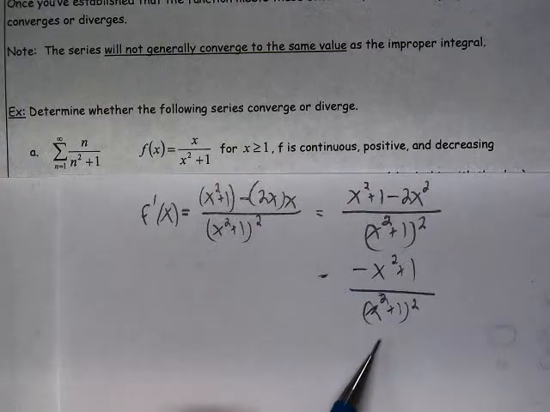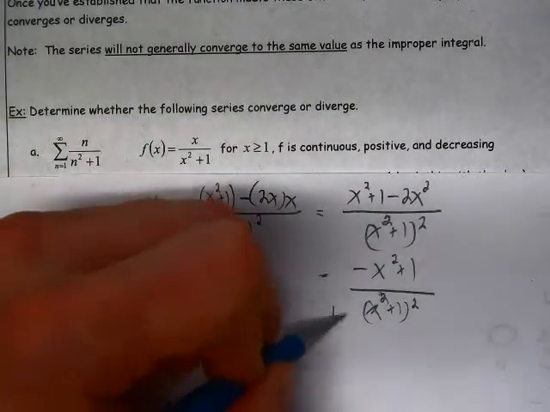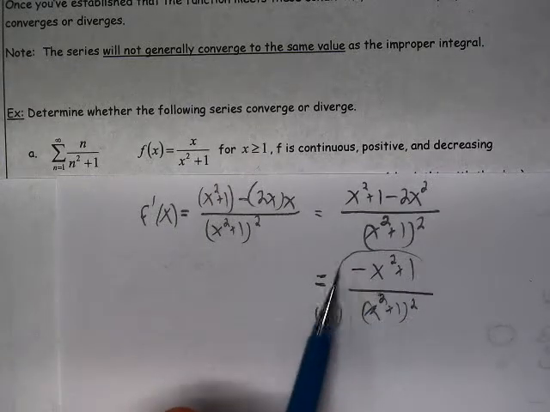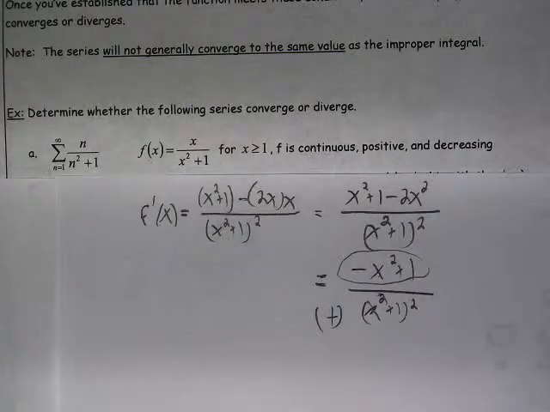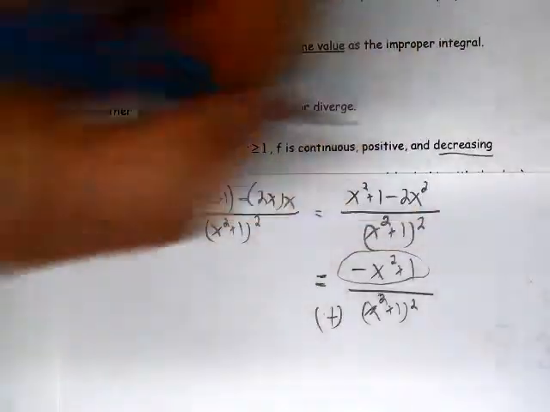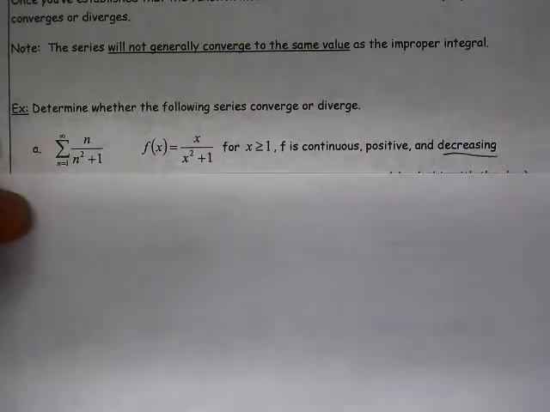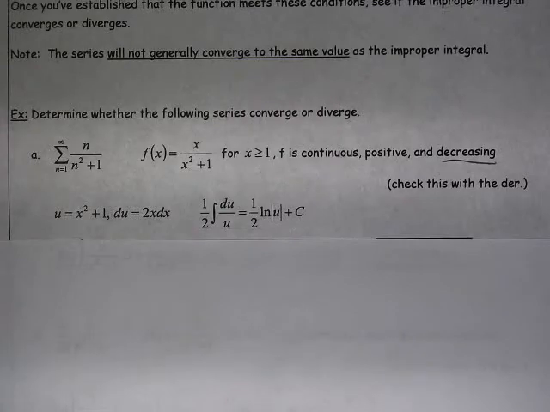So notice that this denominator is always positive. All right, and this numerator will be negative for any x values greater than 1. So that is how I justify the fact that f is decreasing for x values greater than or equal to 1. So once I go through that, I can move on and find the improper integral.